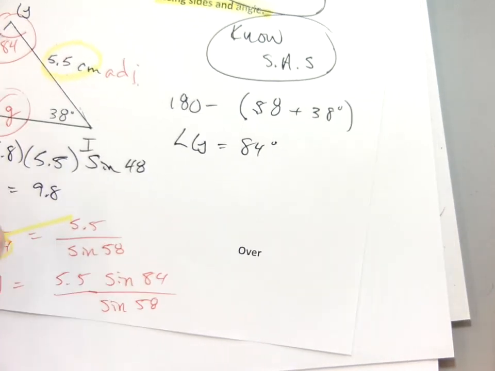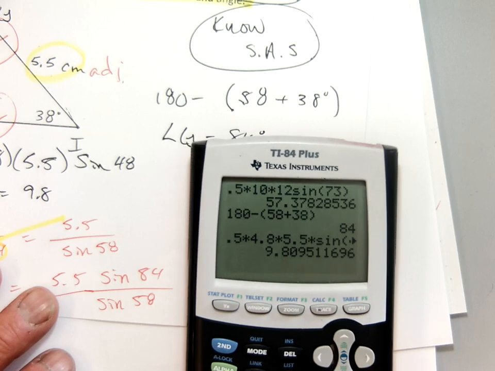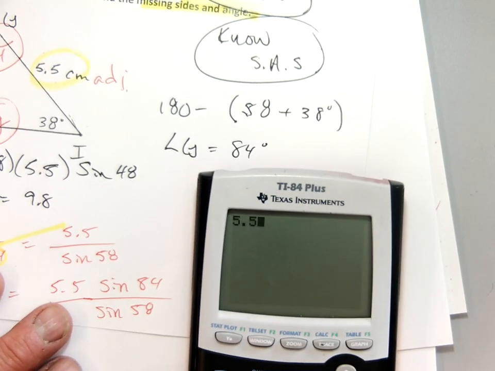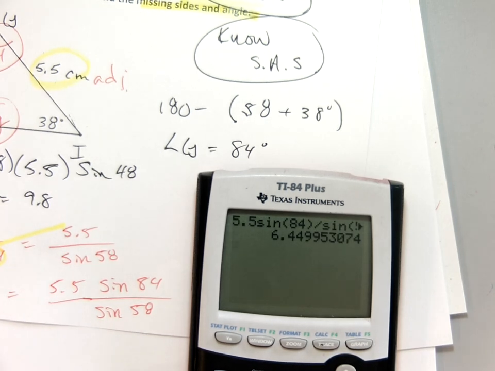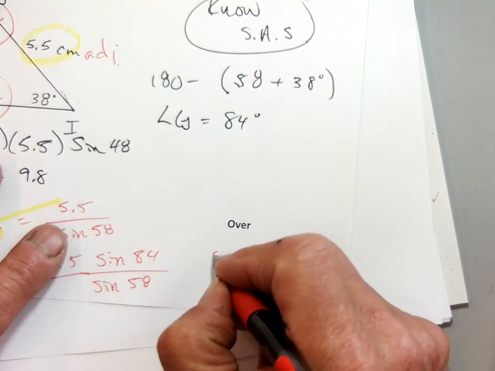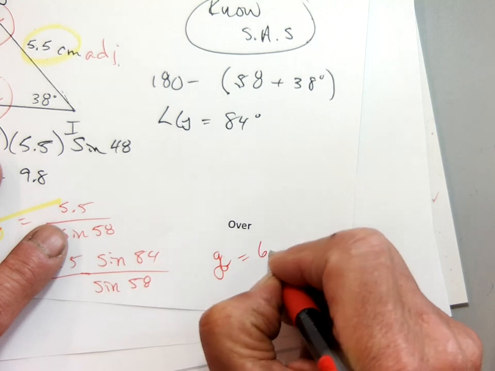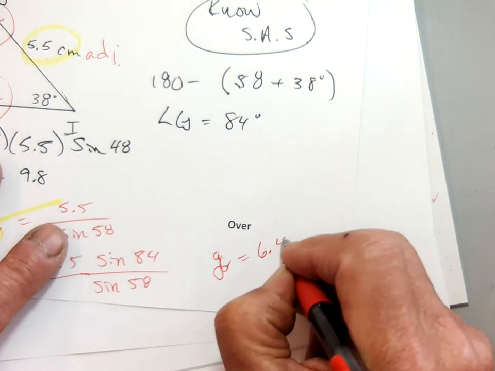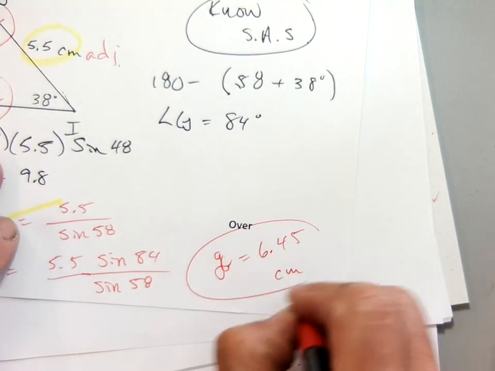Make sure I close my parentheses on my calculator. I'm just going to go 5.5 sine of 84 divided by, close my parentheses, divided by sine of 58, and I get an answer of about 6.45. So that's side G. Side G is about 6.45 centimeters.